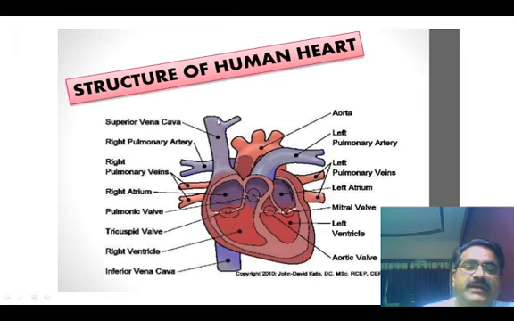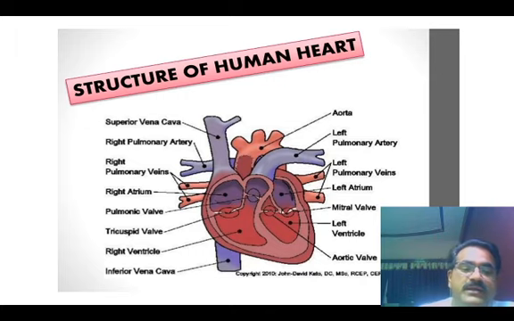The superior vena cava collects the blood from the anterior most part of the body, whereas the inferior vena cava collects the blood from the posterior most end of the body, and they open into the right auricle with the help of the semilunar valves.